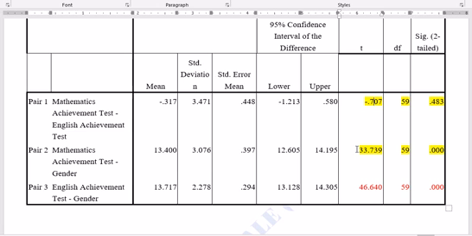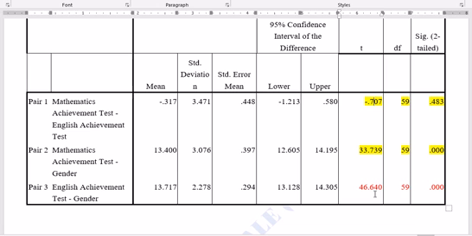Now we come back to this. Pair 2, mathematics achievement test and gender. Now with what I have here, I have my t-test to be 33.739, degree of freedom 59, and significance level, which is 0.000. It shows that there is a statistical significance between mathematical achievement test and gender.